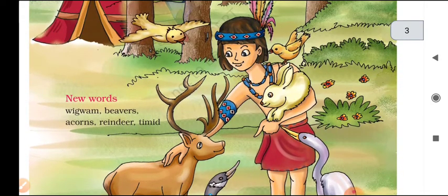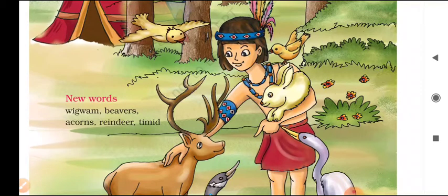You can see in this picture Hiawatha, the boy, and he has befriended all the birds and animals in the forest. He could talk with the birds and the animals.